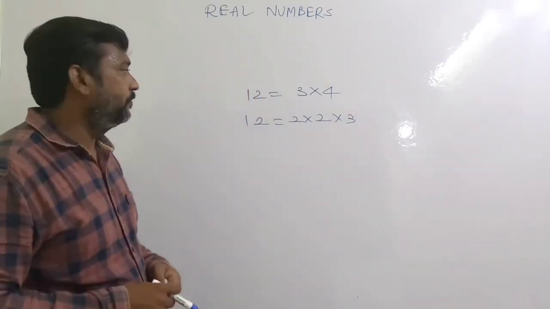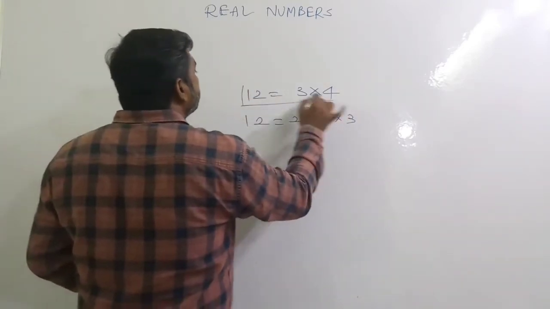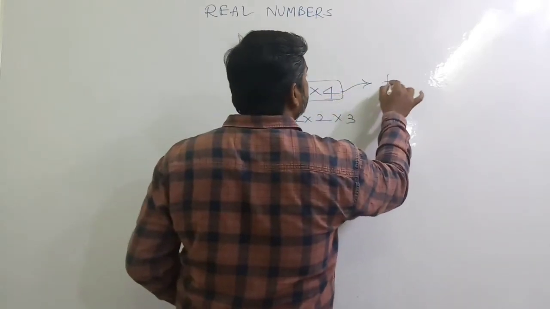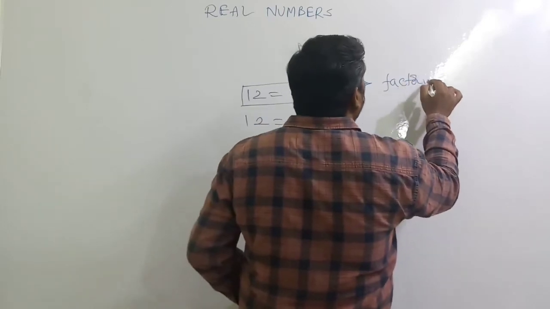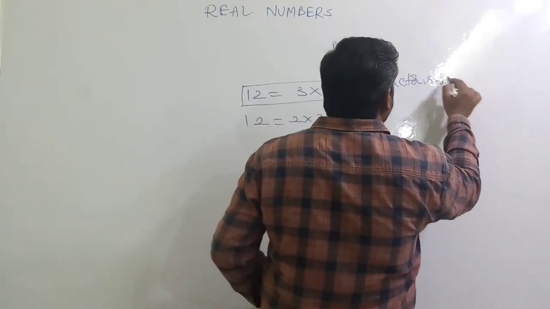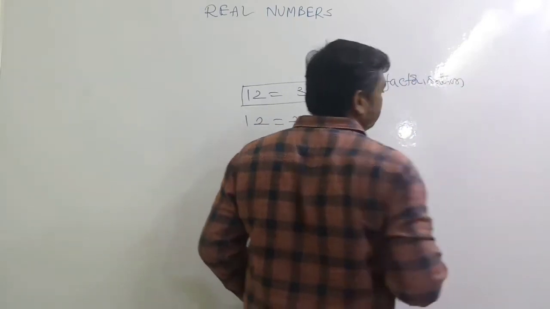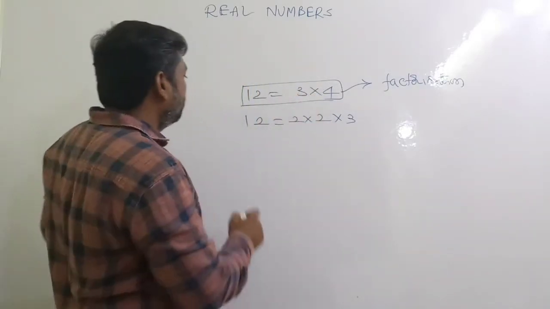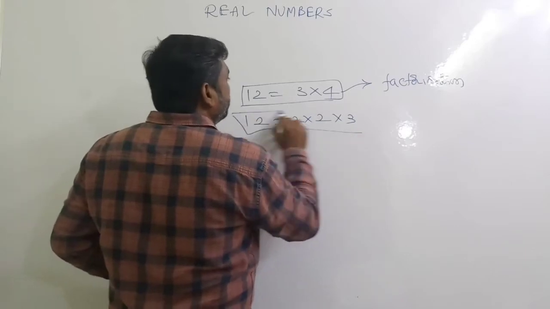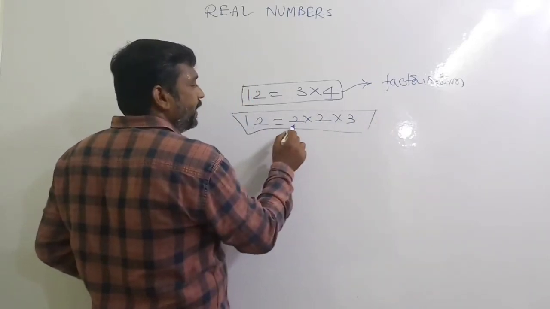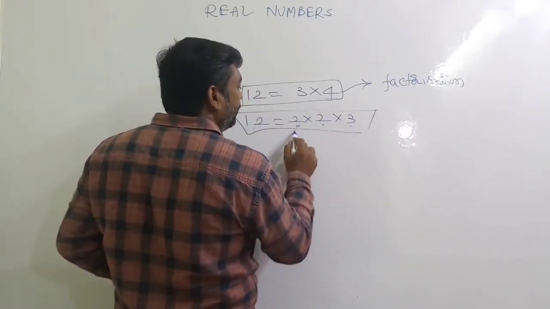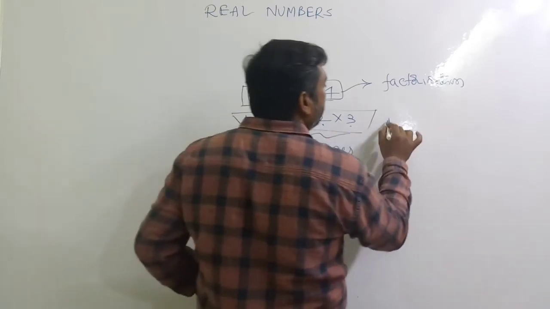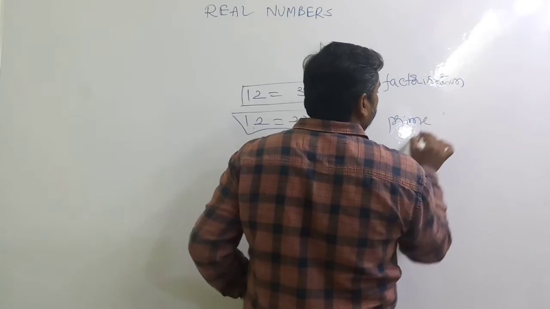Writing 12 as 3 into 4 is just factorization, writing a number as a product of 2 or more numbers. But writing 12 as a product of 2, 2 and 3, which are primes, is called prime factorization.